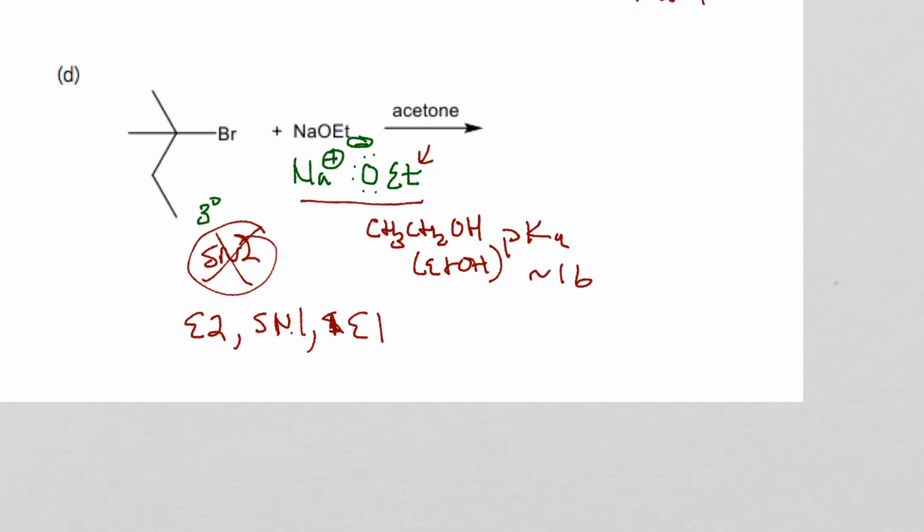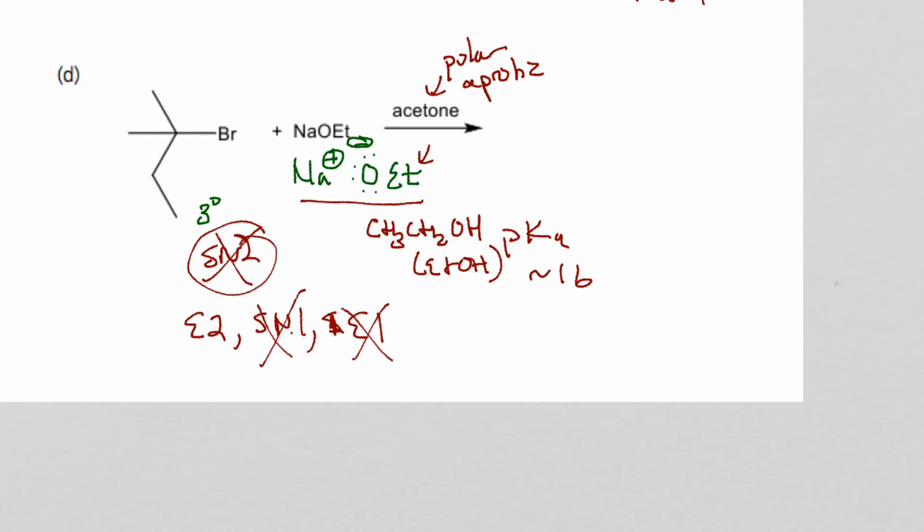So that's unlikely to happen. That tells us SN1 and E1 are off the table. Also, we have acetone, which is a polar aprotic solvent, which also tells us that forming a carbocation is very unlikely. Even though a tertiary can form a carbocation, the acetone solvent is going to make that a little bit more difficult to do.